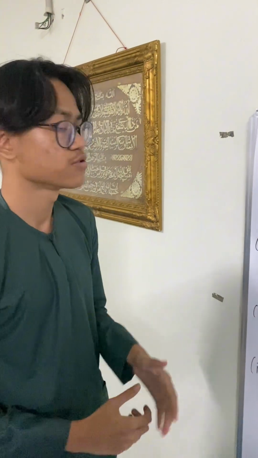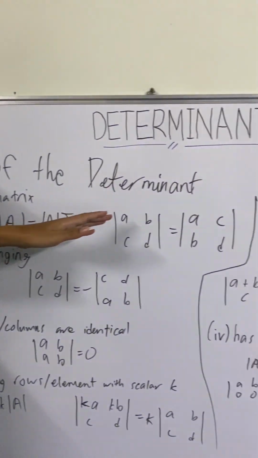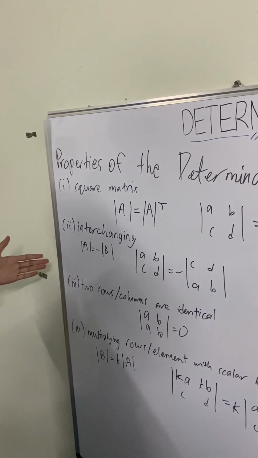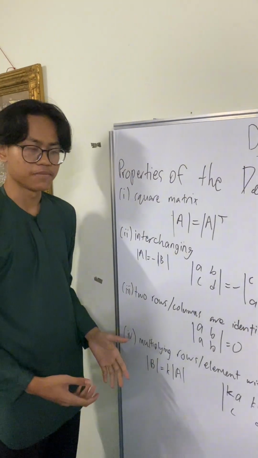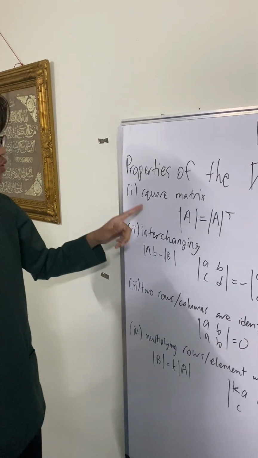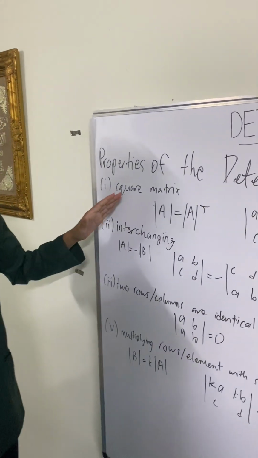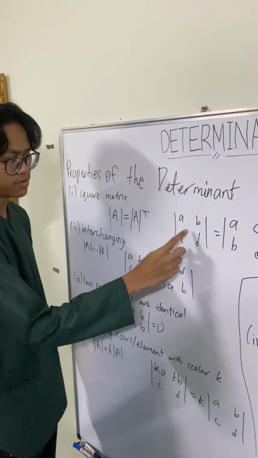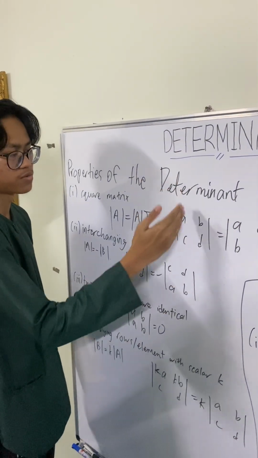Alright, now I'm going to talk about the properties of the determinant. So we have six properties of the determinant. So first of all, the square matrix, which is a matrix with two columns and two rows.